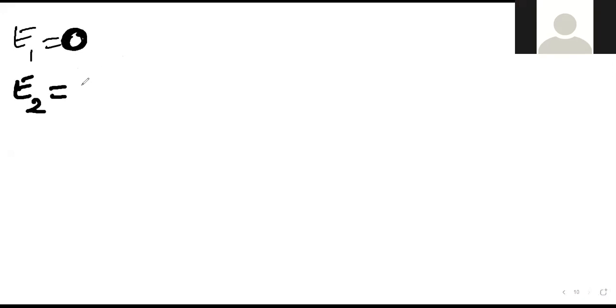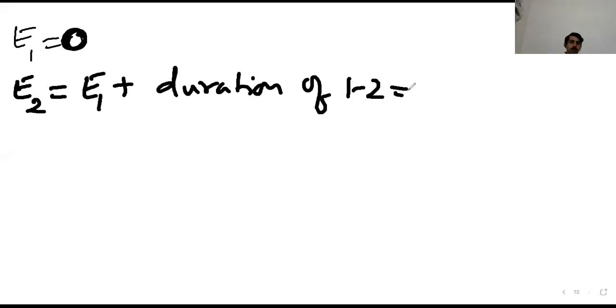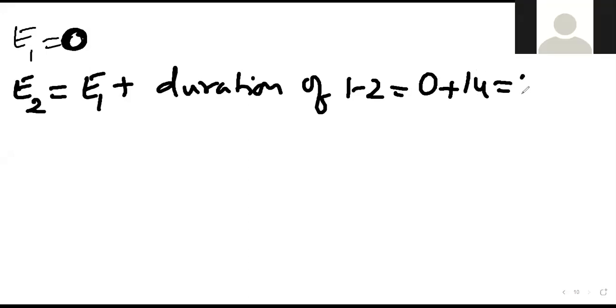What will be the equation? E1 plus the duration of 1 to 2. This is 0 plus how much? 14. 0 plus 14.